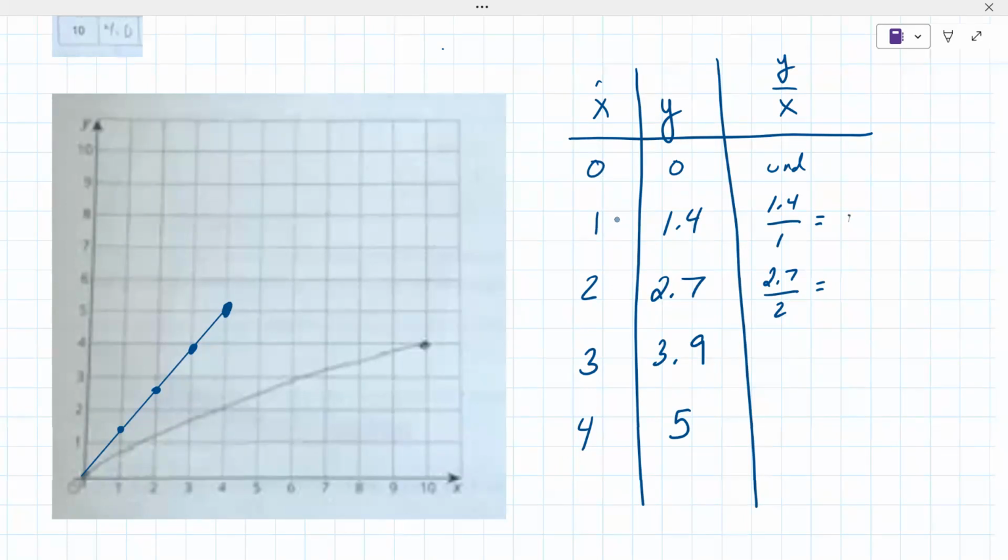1.4 and 1.35. Okay. Now let's do the last one here. 3.9 over 3 and 5 over 4. 1.3 and 1.25.